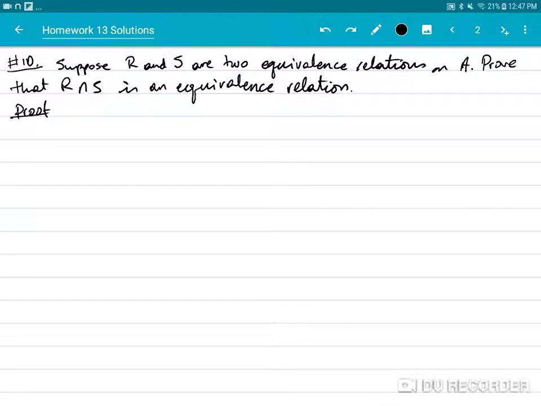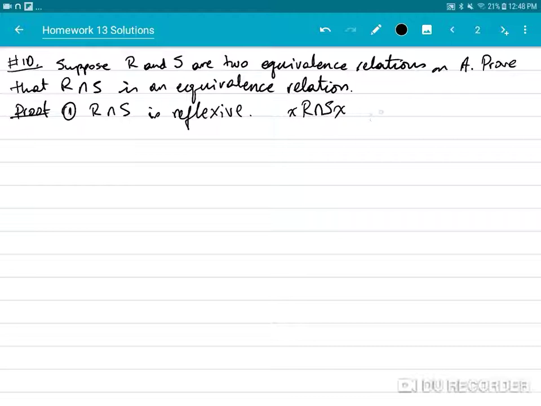Okay? So let's see reflexivity. In other words, we want to show that X is related to X for every X. So X is related to X. This is not a nice notation.